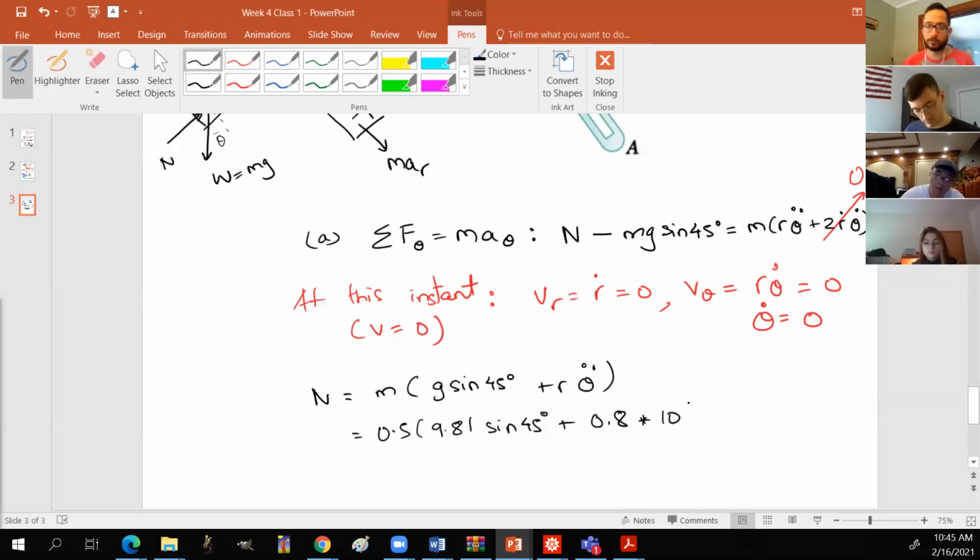So units are all good. Always, guys, in your problem, if your angular quantities are given in degrees, make sure you convert that into radians before you do your math. That's just a quick mental note.